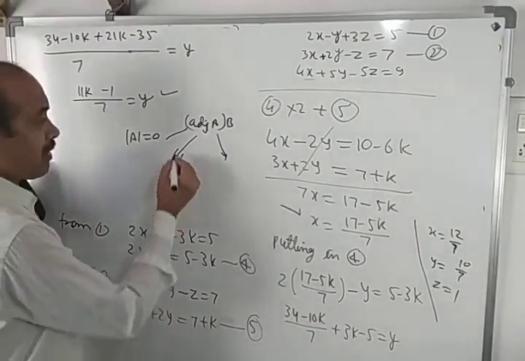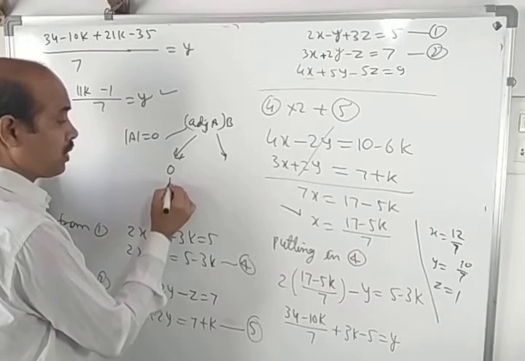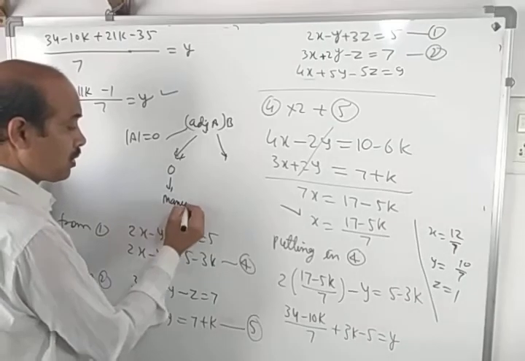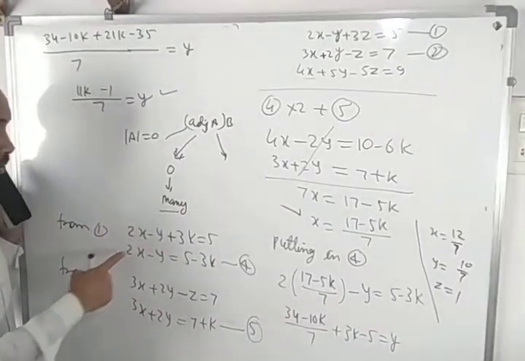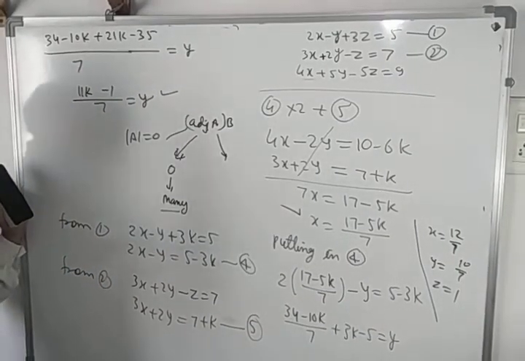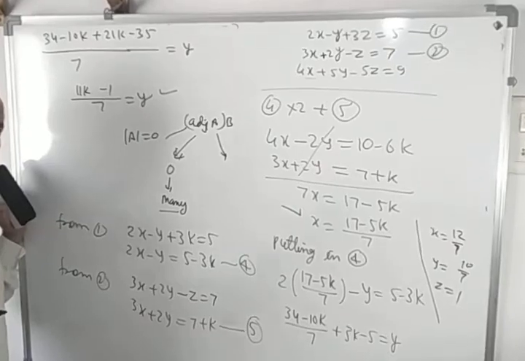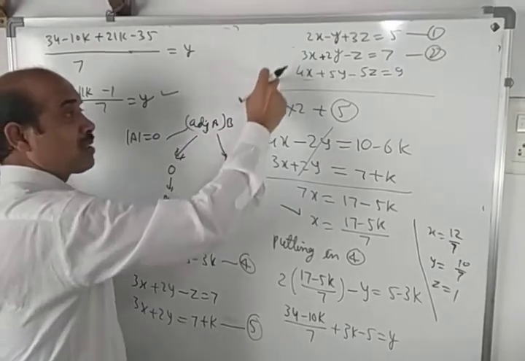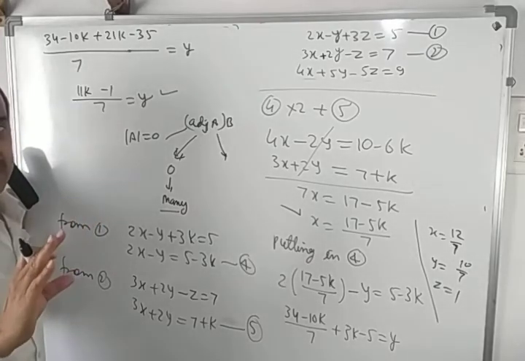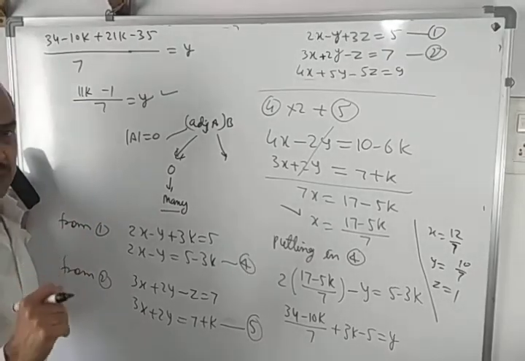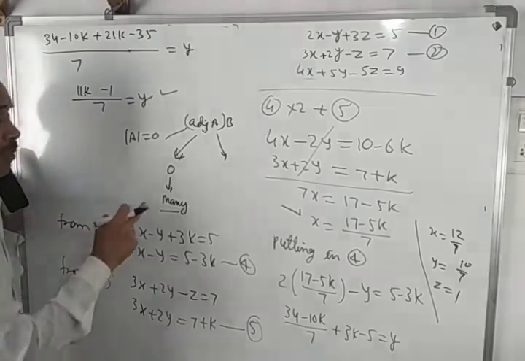Right now we have discussed when it is 0. 0 means many solutions, and how to get them? This is the way, by supposing z equal to k. In place of z you can suppose x equal to k or y equal to k. Of the three equations, you can take any two. I have taken first and second, you can take second and third. So this is for many solutions.